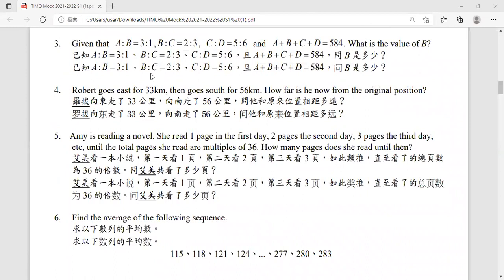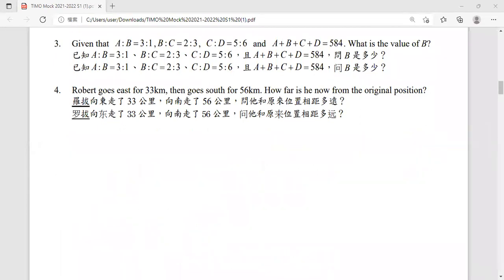Now, this one maybe for those who don't know how to do this question, but actually it's fairly simple. Now you go east for 33 kilometers and south for 56 kilometers.